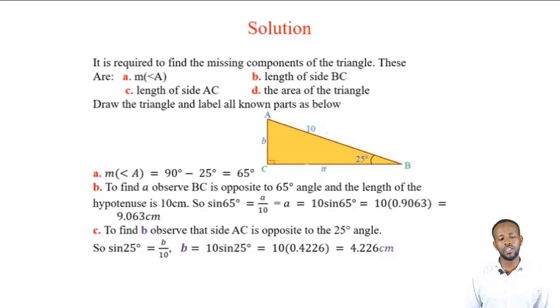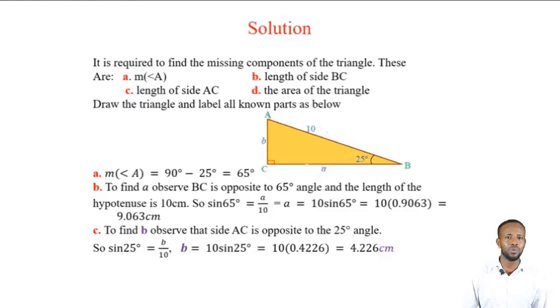So sine 25 degrees is equal to b over 10. Then b we can find by crossing. It will be equal to 10 times sine of 25 degrees, which is equal to 10 times 0.4226, and this will become 4.226 centimeters.